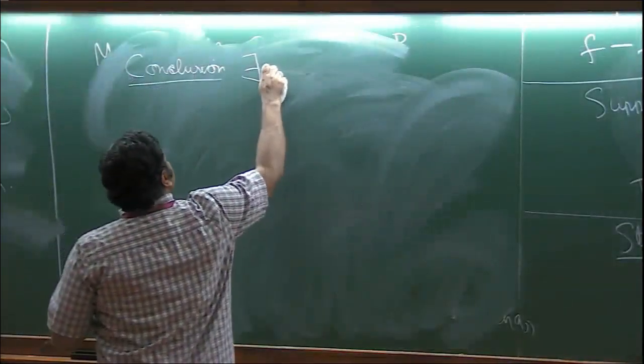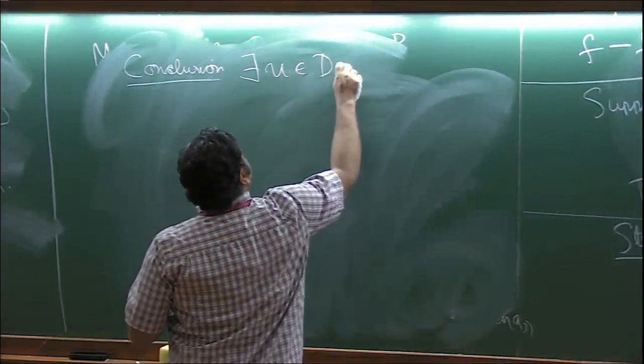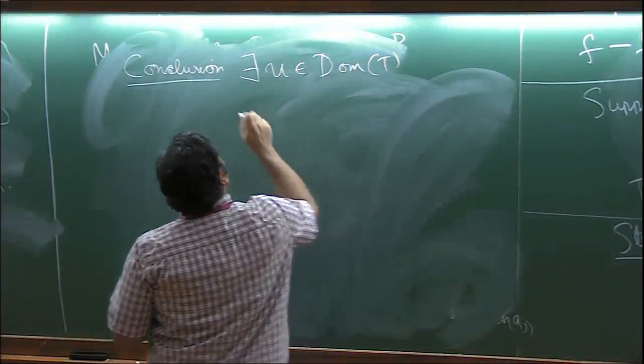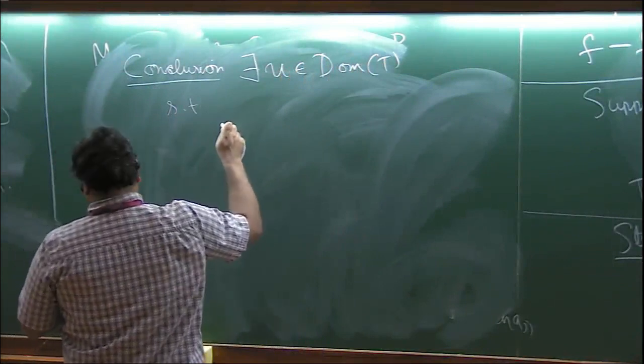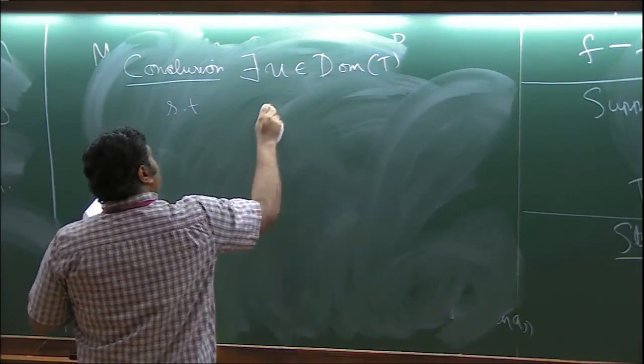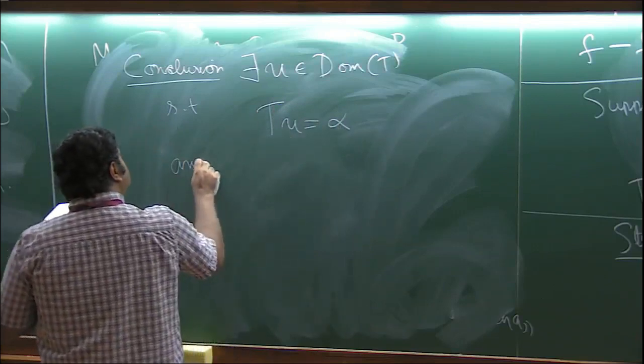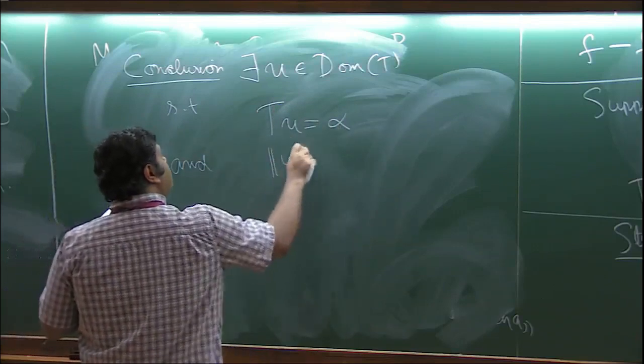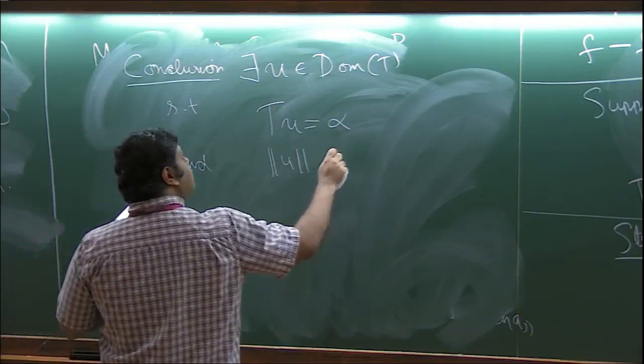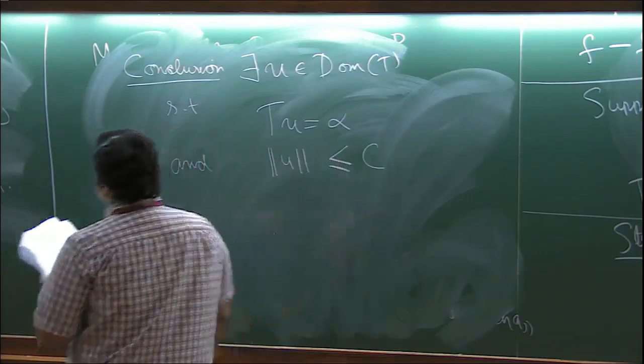There exists a u which is in the domain of T such that Tu is alpha, and we have some idea about the size of u. The size of u is less than or equal to C.